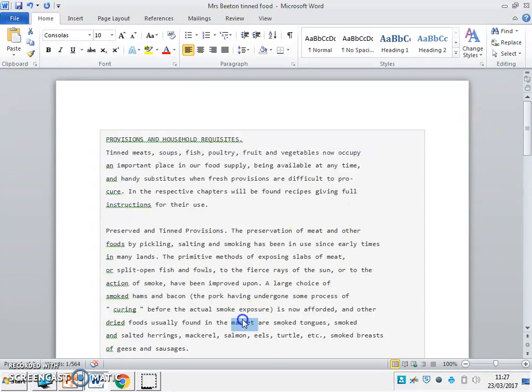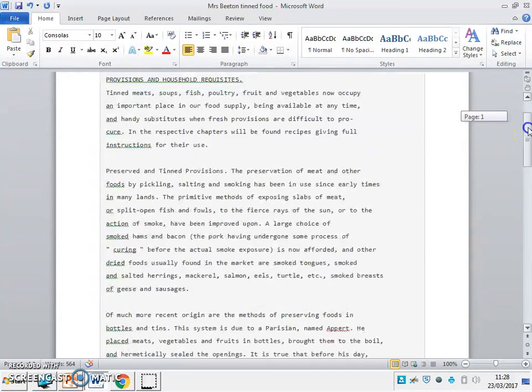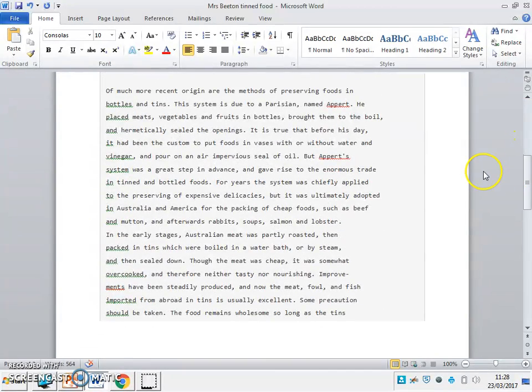At the market. And so all that Victorian stuff, when you pull out the key bits and just look at it calmly, it means there's a long list of meats that are smoked that you can buy at the market. Of much more recent origin are the methods of preserving foods in bottles and tins.